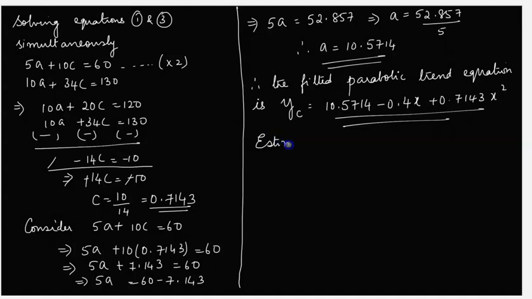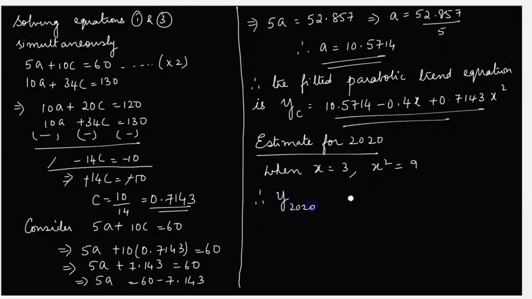Next is you have to estimate for 2020. So this is when x is equal to 3. So x square will be equal to 9. So therefore y 2020 is equal to 10.5714 minus 0.4 into 3 plus 0.7143 into 9.